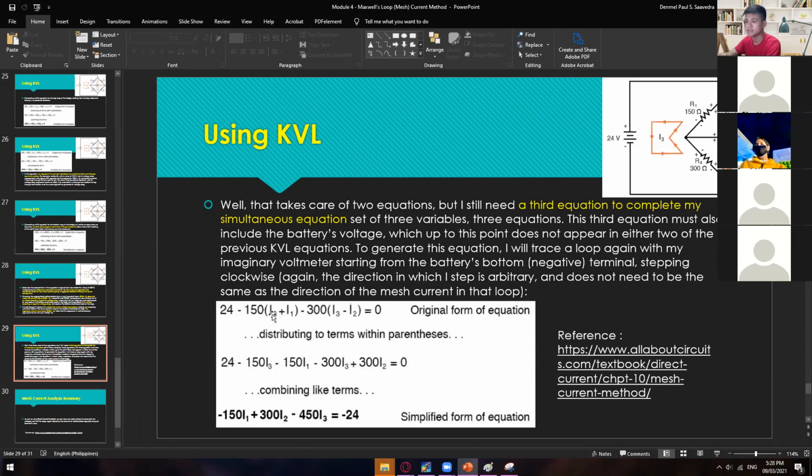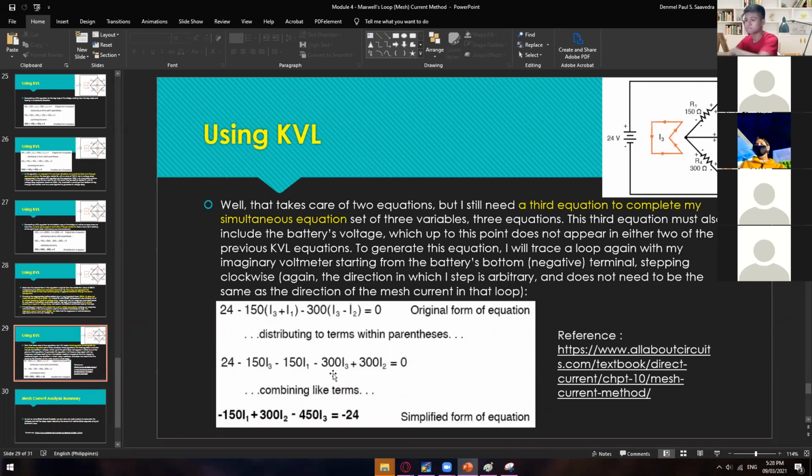So just distribute the terms within parentheses and then combine similar terms, and then you will have this simplified form of equation. From there you can now perform the three simultaneous equations.